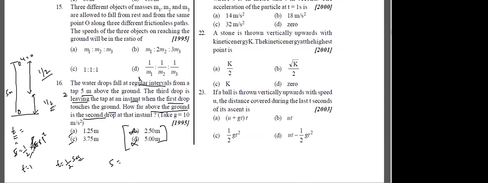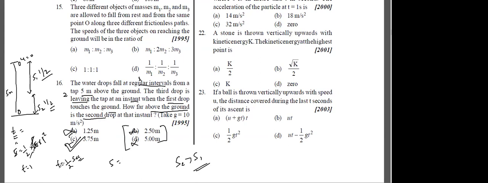Common sense. Using the same concept, suppose S1 is covered in the first half and S2 in the second half. S2 is always greater than S1. So this is wrong, and this is the correct answer, without solving anything.